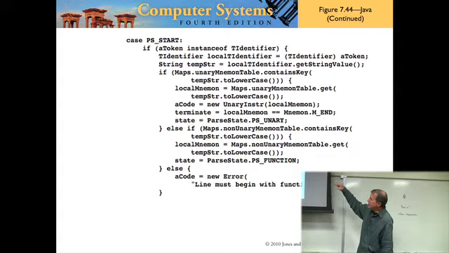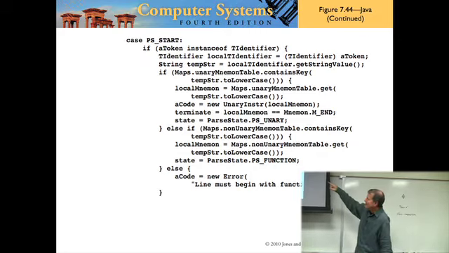Because see, the T identifier is a specific a token, so that is a typecast. And then from now on, what we do is we use local T identifier instead of using a token, and the compiler will accept that because T identifier has the methods for an identifier that we need. So that is a typecast. Did everybody follow that? Are you with me on this?